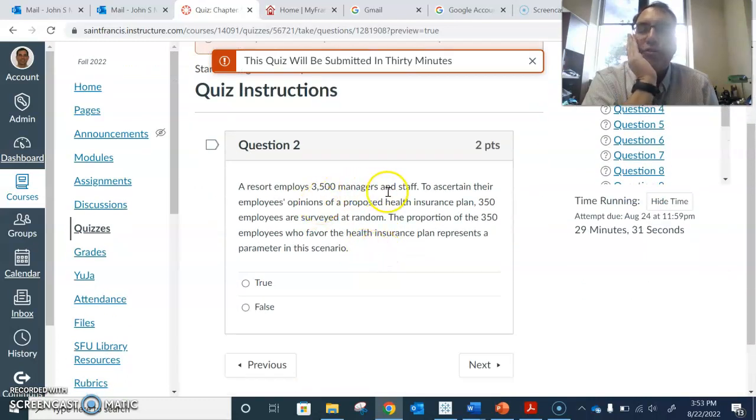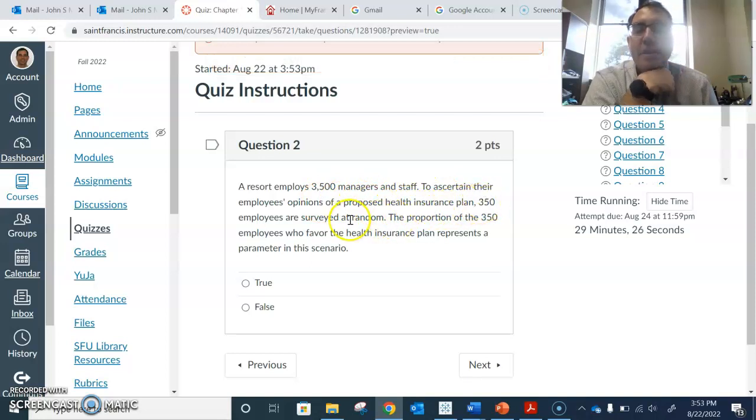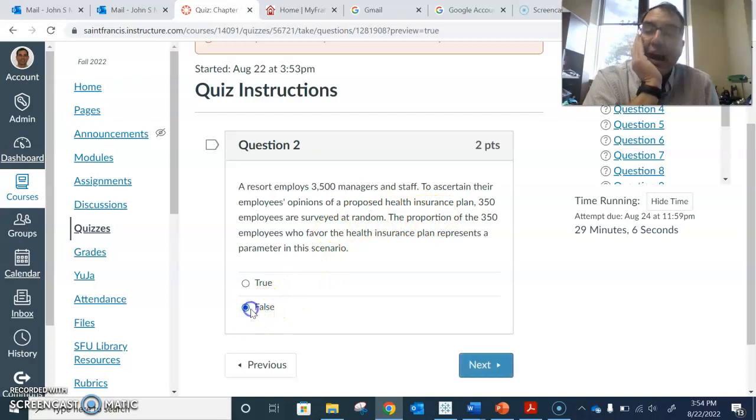A resort employs 3,500 managers and staff to ascertain their employees' opinions of a health insurance plan. 350 employees are surveyed at random. The proportion of the 350 who favor the health insurance plan represents a parameter in this scenario. That is not true. The proportion of the 350, because it's about the 350, that's a sample. So the proportion would be a statistic, not a parameter. So that is also false.